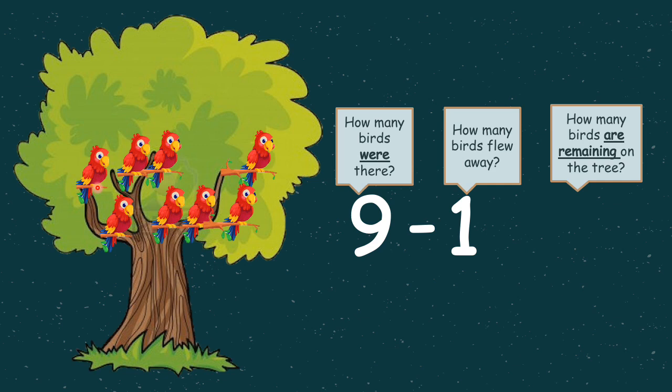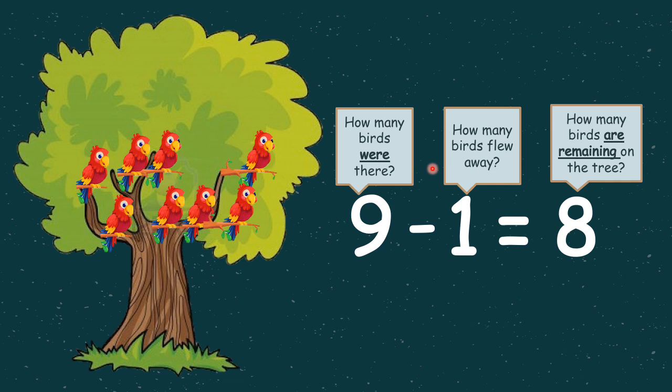Shall we count? 1, 2, 3, 4, 5, 6, 7, 8. So how many birds are remaining, children? 8. Very good. So here what we did was we removed 1 bird which flew away from the 9 birds, and then we counted the remaining birds on the tree.